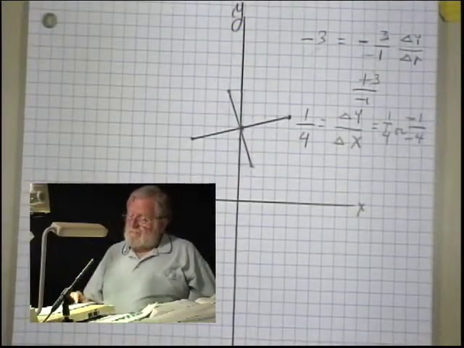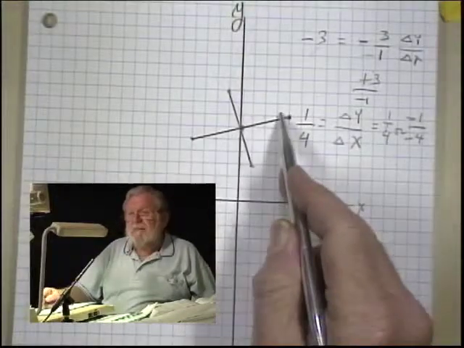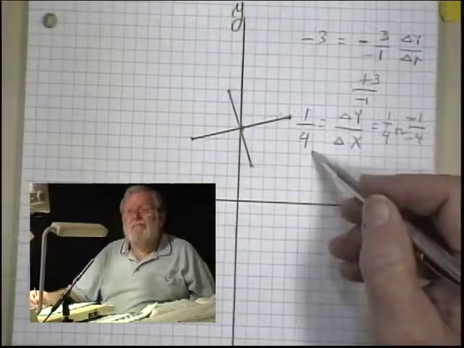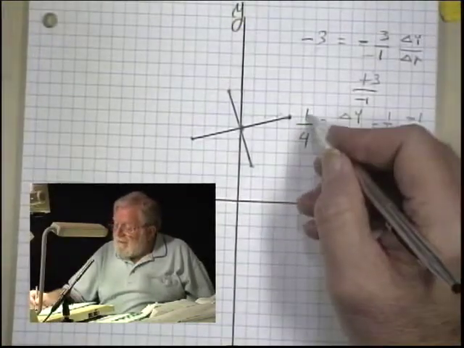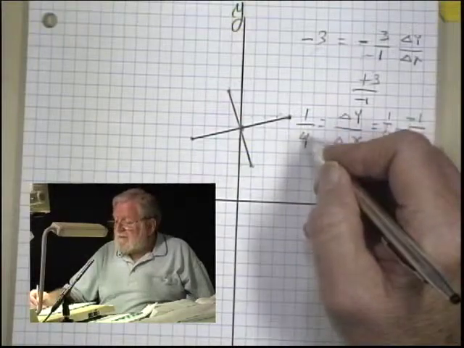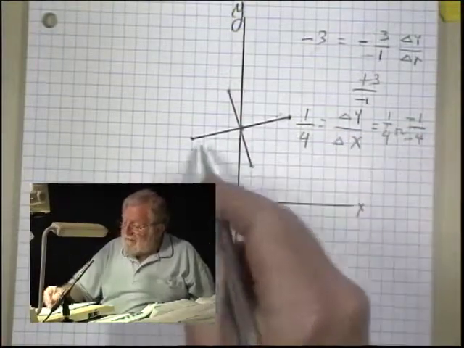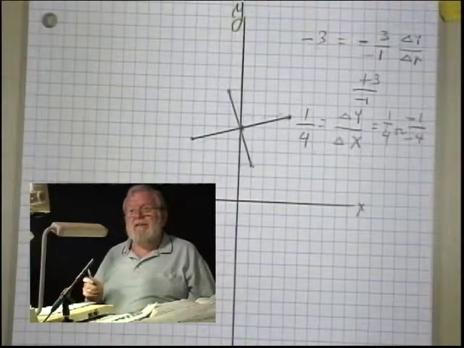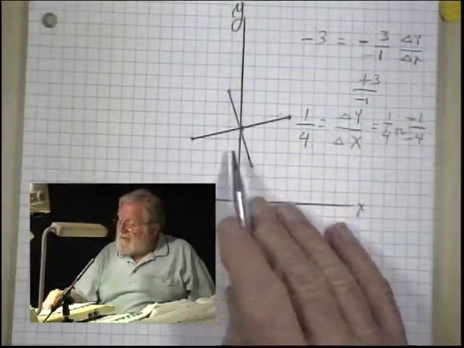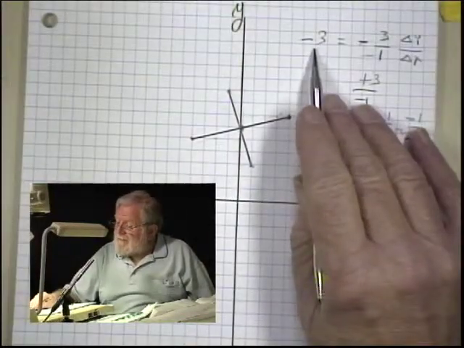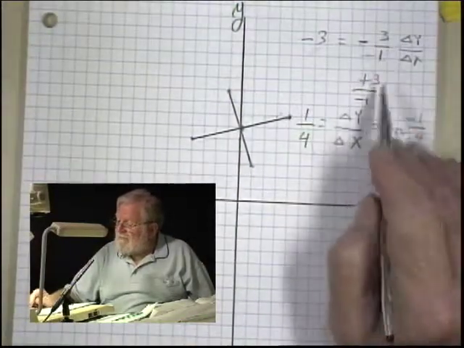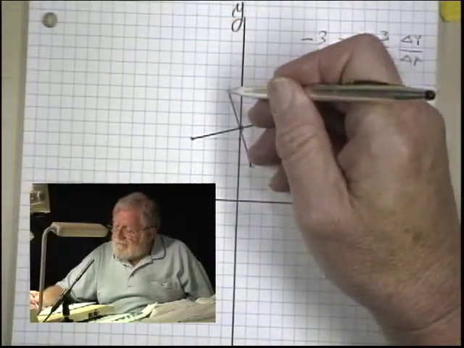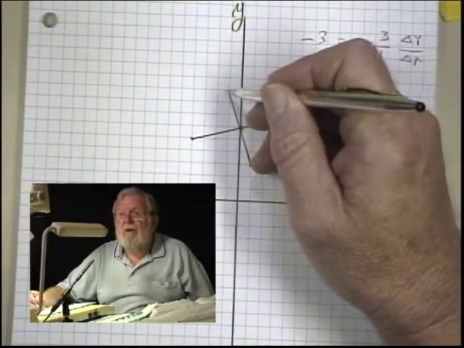Notice the difference. First of all, this one's flatter. It's not as steep as this. With 1/4, the smaller the y value with respect to the x value, the flatter the slope is going to be. But the important thing to observe in this is that when you have a negative slope, this negative 3 was a negative 3 over 1 or a positive 3 over 1, the line goes down as you go from left to right.